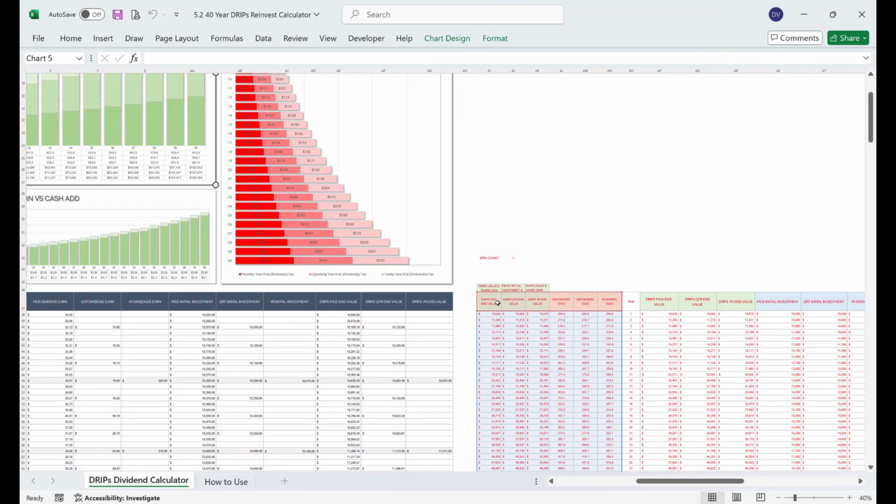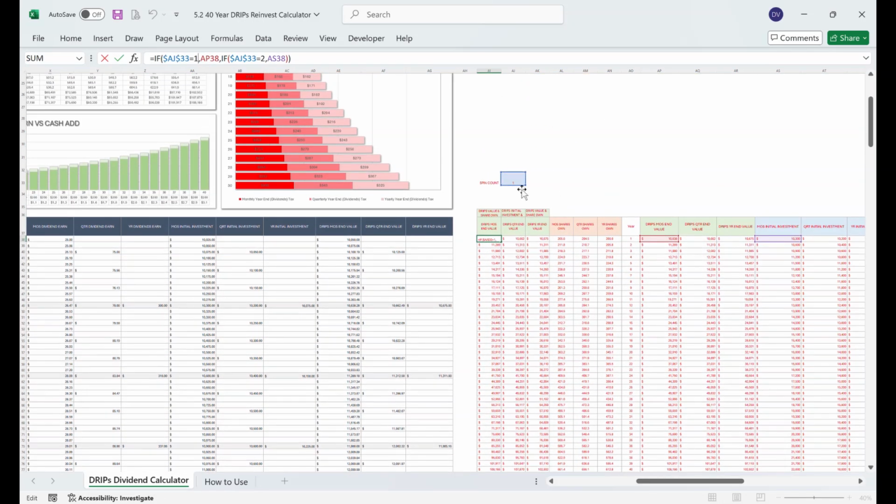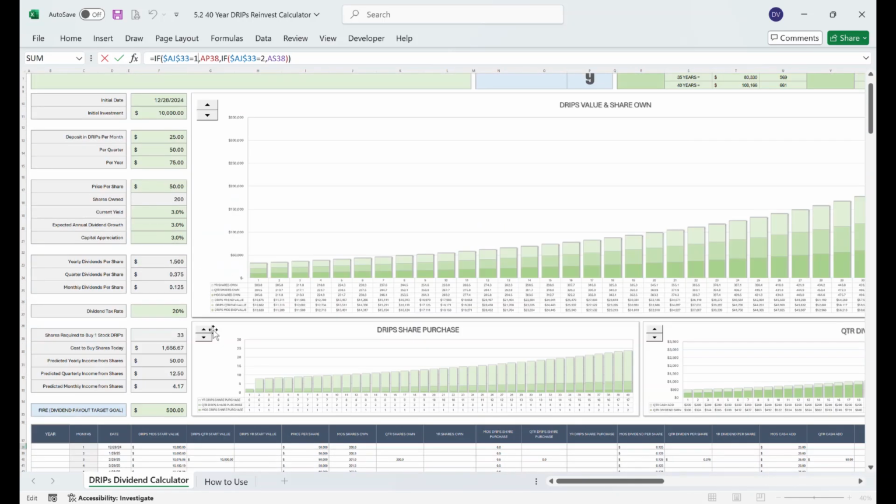I did it just by using a formula: if AJ33 equals 1, display AP37. If not, display, if AJ33 equals 2, then display S37. That's how I did that. So I just copy and paste all that down, and every time this number, the spin button, changes, it just looks up the other value, and that's how I did that.